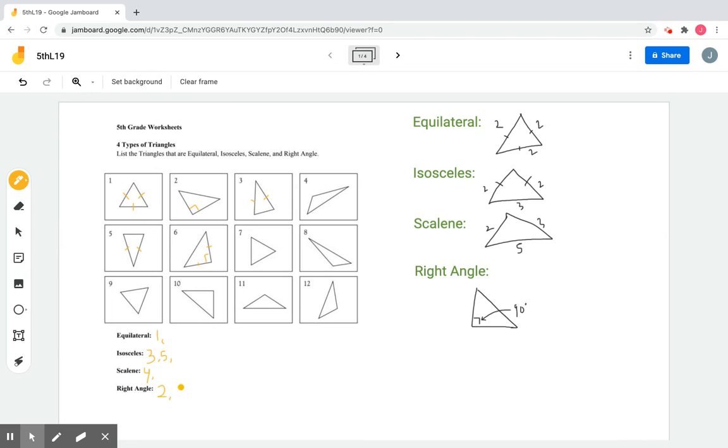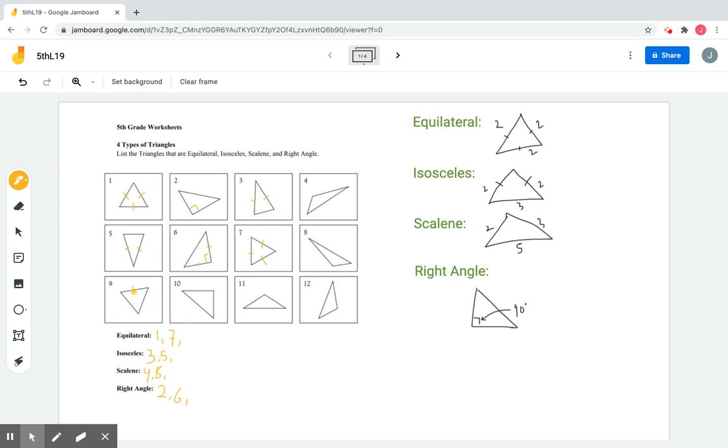So it will be right angle. And number seven triangle seems like these sides are equal. So it will be equilateral. And number eight triangle. It looks like all the sides are different. So it will be scalene.